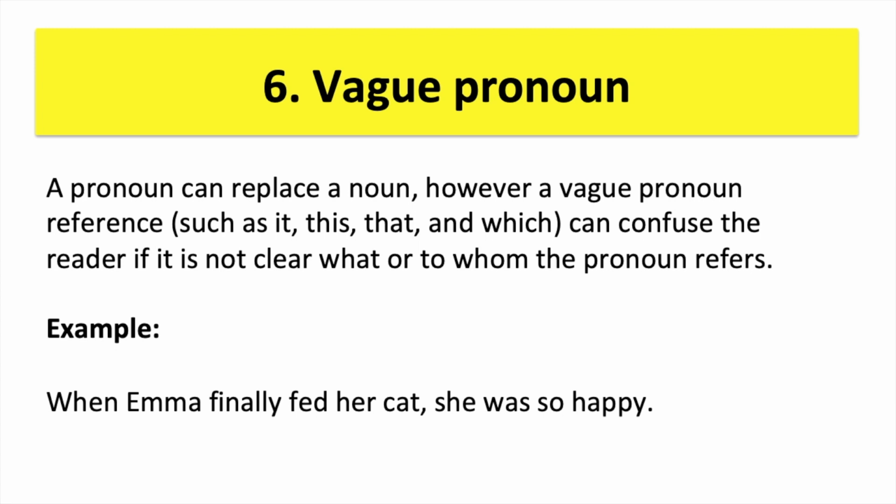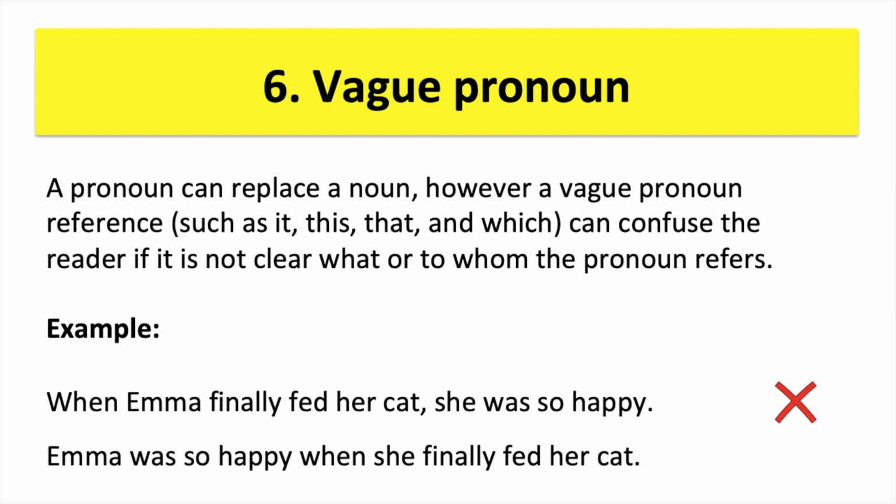When Emma finally fed her cat, she was so happy. This is incorrect because it is unclear who was happy, Emma or the cat. Emma was so happy when she finally fed her cat. This is the correct version because it makes it clear that it was Emma who was happy.